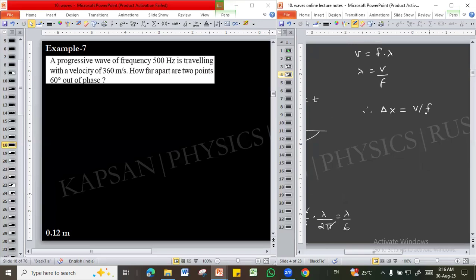Lambda is v upon f upon 6. What is the speed? 360. What is the frequency? 500. 360 upon 6 is 60, upon 500. This is cancelled. So 6 by 5 is 1.2. 1.2 upon 10 is 0.12.